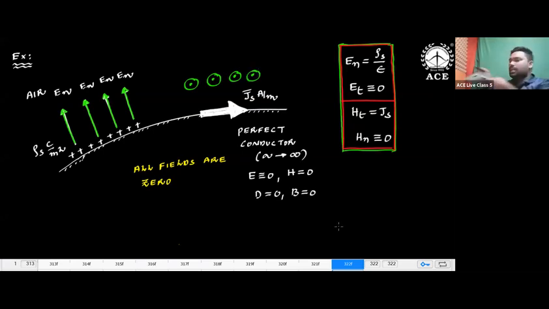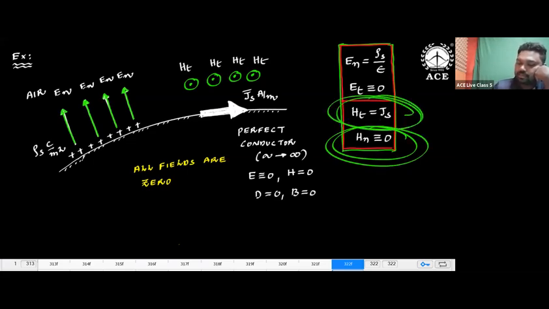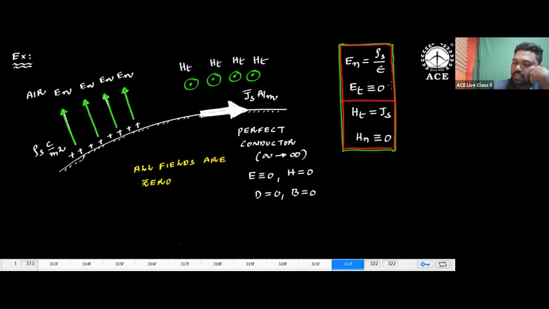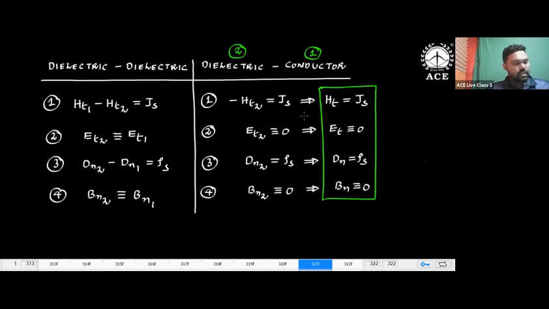This is the current flow direction, and this is the magnetic field. So how is the magnetic field tangential? Here it is H tangential, H tangential. So the magnetic field cannot exist normally on the conductor. It can exist only tangentially. Electric field cannot exist tangentially. It can exist only normally. That is the interpretation of these equations.